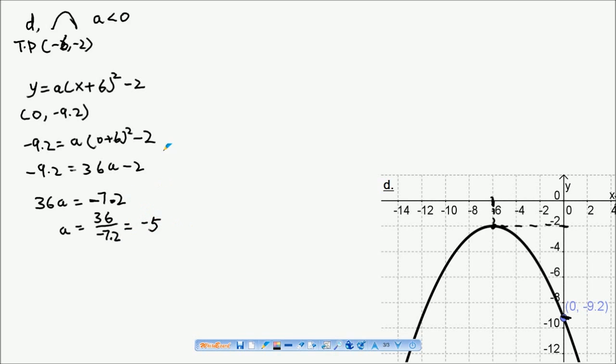And from the shape of the graph we know a is a negative number, and we found it's minus 0.2, so this should be correct.